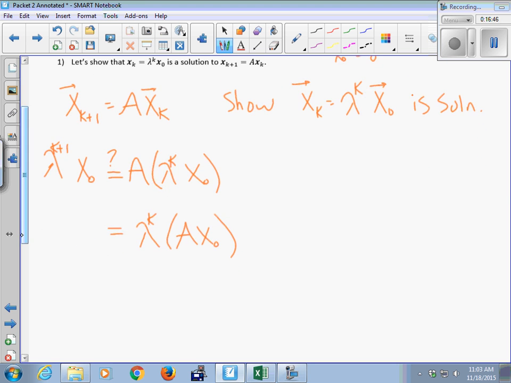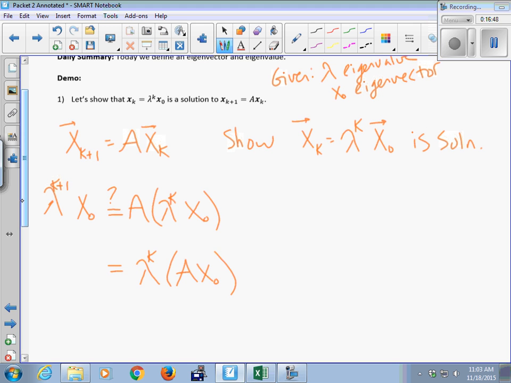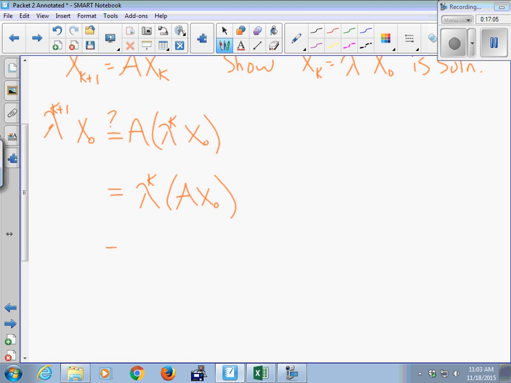All right, so if x_0 is an eigenvector, what does A times x_0 equal? Close. λ x_0. It's the definition of an eigenvector, that Ax = λx. So I'm going to replace A x_0 with λ x_0.